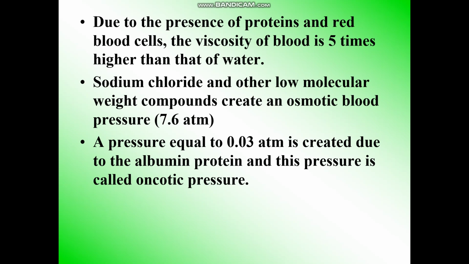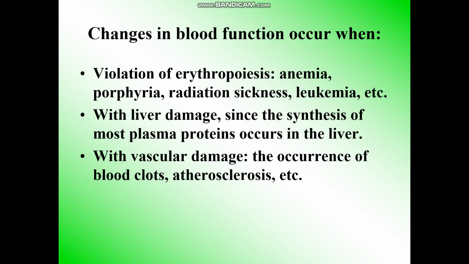Sodium chloride and other low molecular weight compounds create an osmotic blood pressure, 7.6 atmospheres. A pressure equal to 0.03 atm is created due to the albumin proteins, and this pressure is called oncotic pressure.